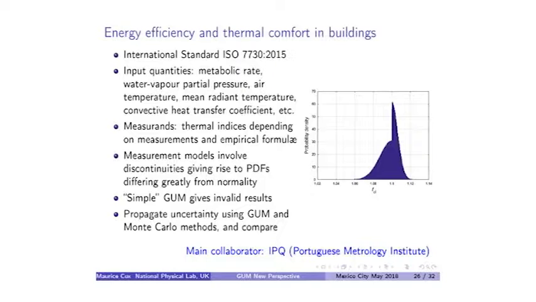The output quantities are measurands of various thermal indices depending on measurements in empirical formulae. In some initial work, assigning appropriate PDFs to the input quantities, the PDF for the output quantity is given in the diagram below. And if we stick with normality, we're going to be a long way from the truth.